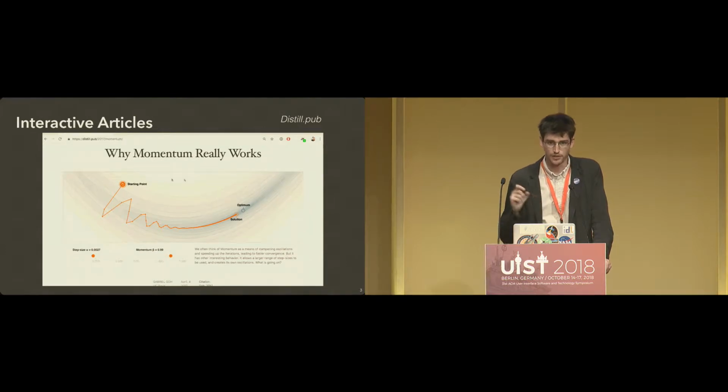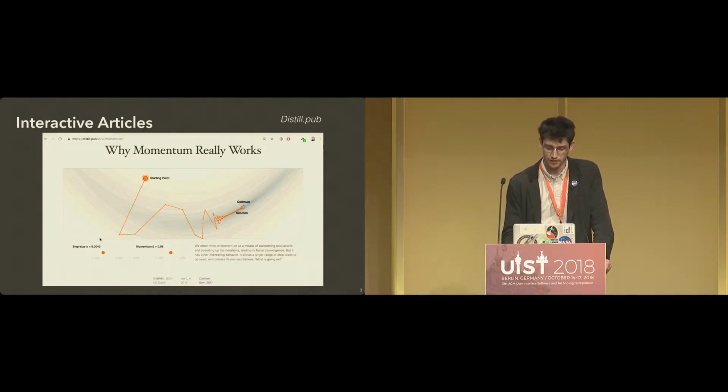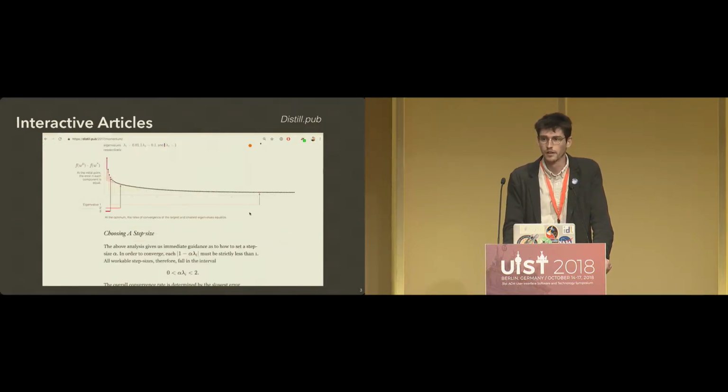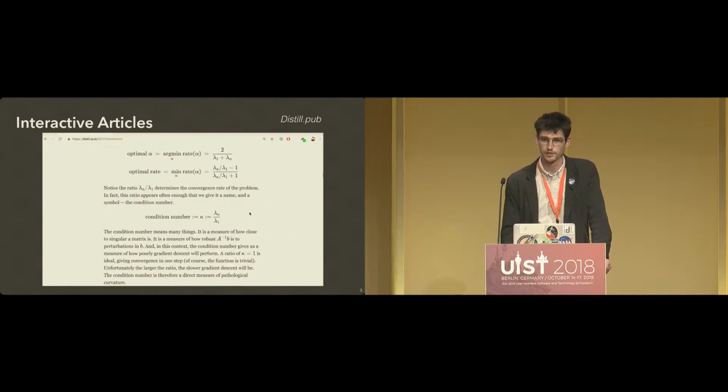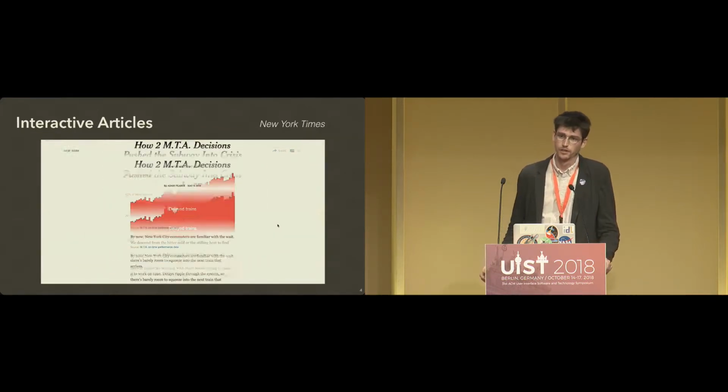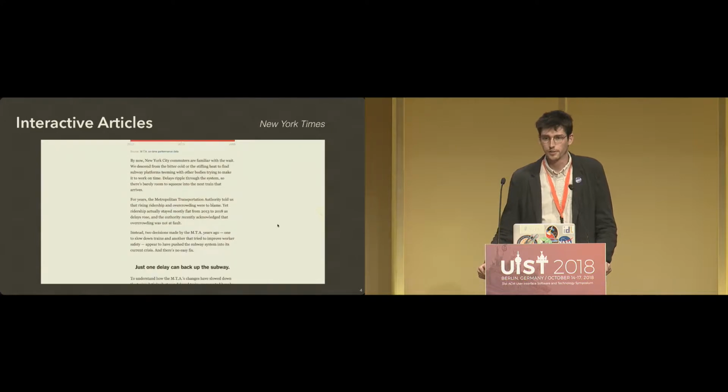So the user can directly manipulate parameters on these diagrams, causing computations to be rerun in real time in the browser. And hopefully the reader can gain a more intuitive understanding of what these parameters are actually doing and how they affect computation.